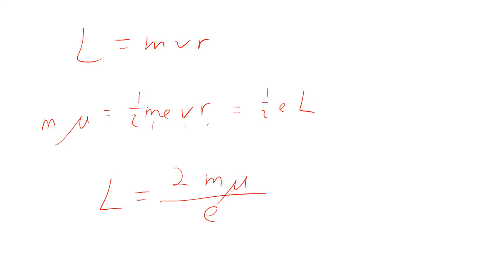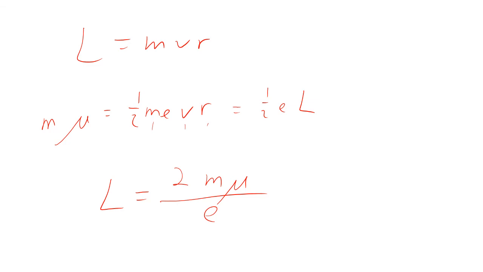It turns out the quantity e over m is a defined quantity. You look in the book, the charge per mass of an electron is a defined quantity.